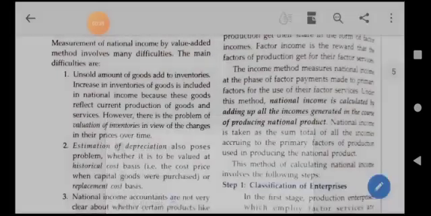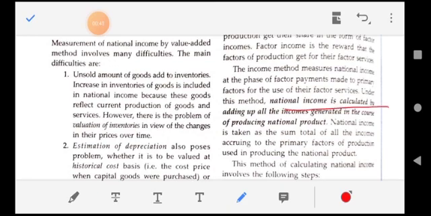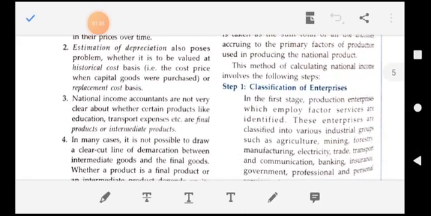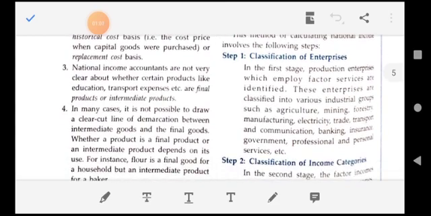National income is calculated by adding all the income generated in the course of producing national product. So, by using the income method, national income is calculated by adding up all the incomes generated in the course of producing national product. This method involves the following four steps.